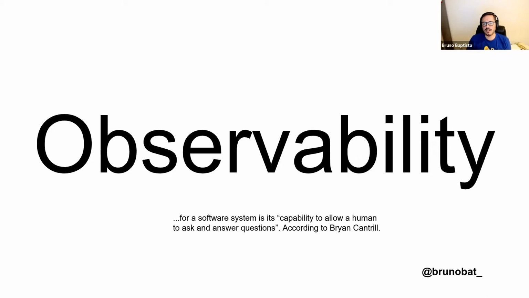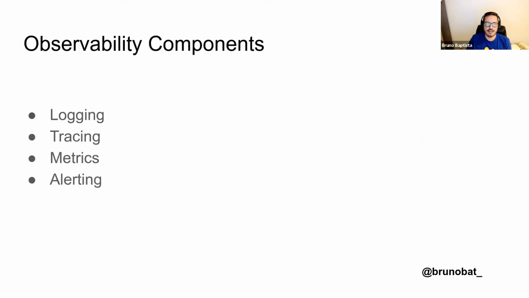But one other definition that I like more is that for a software system, it's the capability to allow a human to ask and answer questions. And that makes all the difference. We have 4 different vectors around observability: logging, tracing, metrics, and alerting.